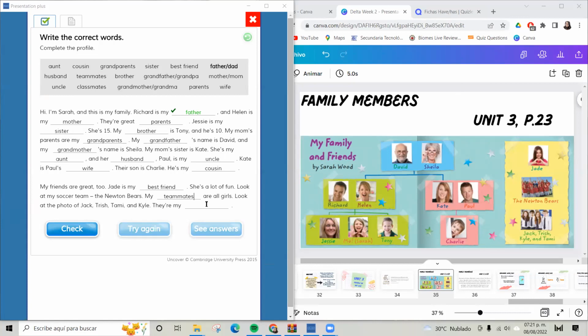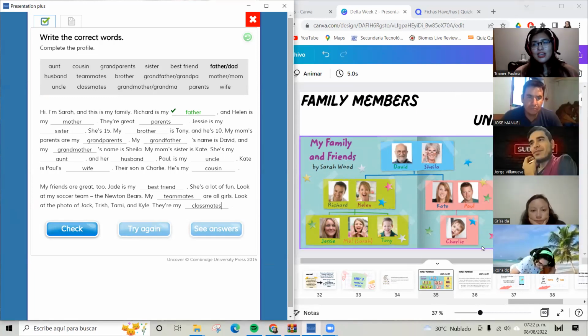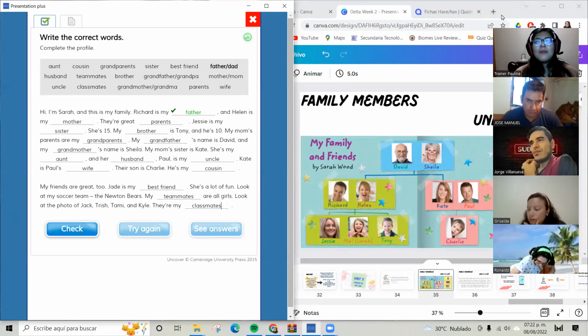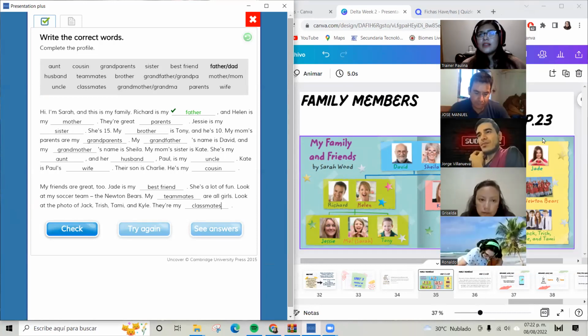And then finally, look at this photo of Jack, Trish, Tammy, and Kyle over here. And they are my classmates. Now, mates is another one of those words that doesn't have a gender. Mates tampoco tiene género, chicos. Yo puedo decir mates para puros hombres, puras mujeres o una mezcla.